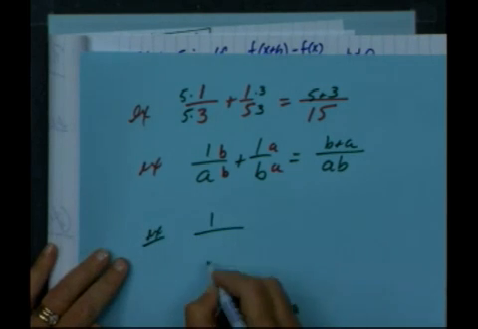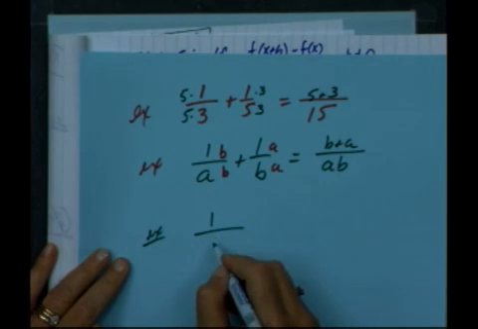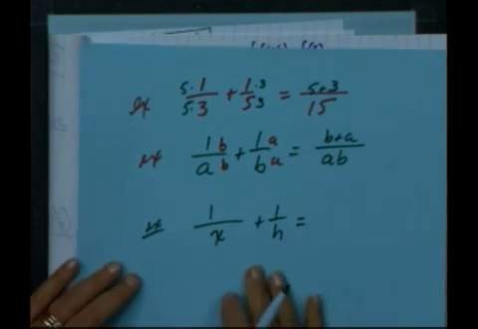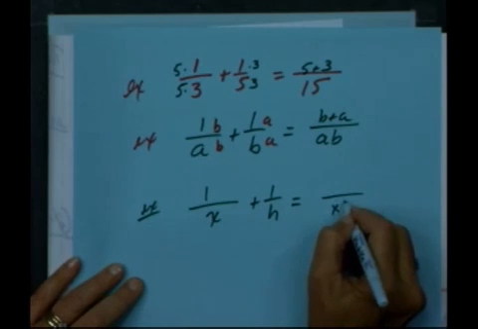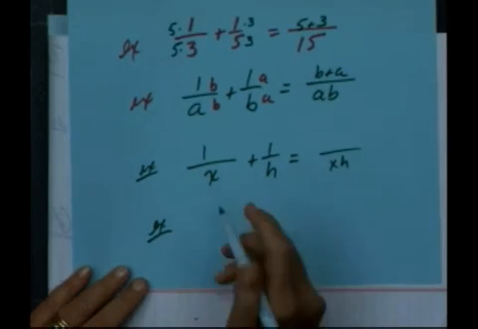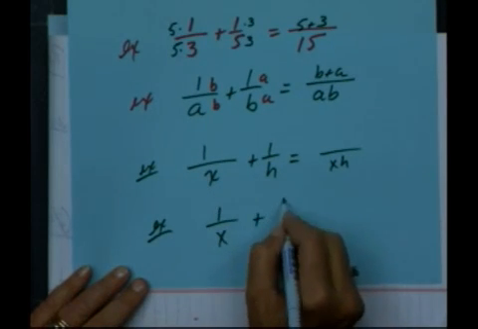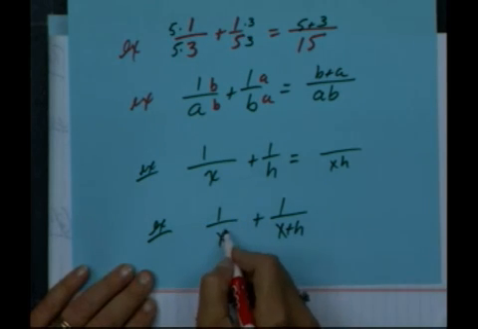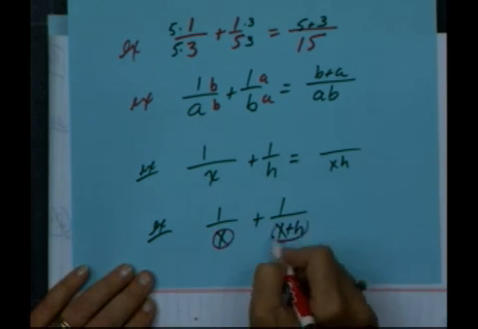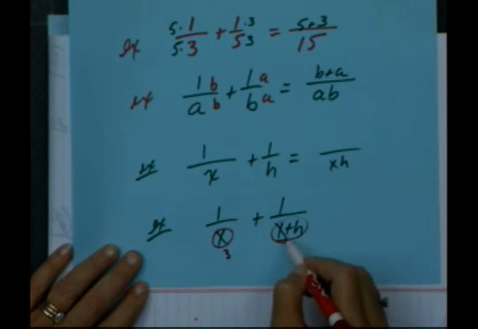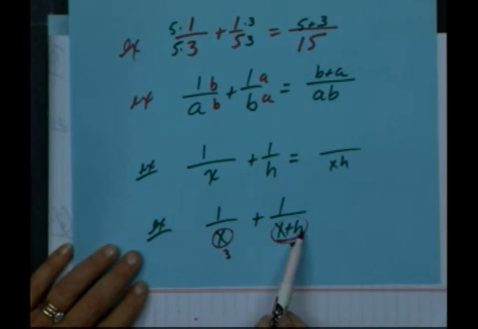Suppose you have 1 over x plus 1 over h. Okay, so xh is your common denominator. Suppose you have 1 over x plus 1 over x plus h. x and x plus h are two different numbers. It could be like this is the number 3 and this is the number 5, where h then would have to be 2.